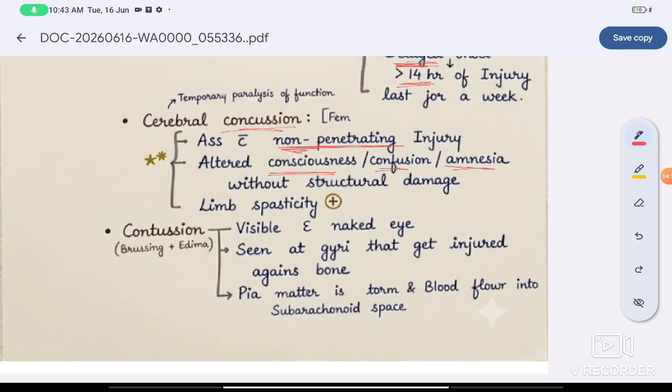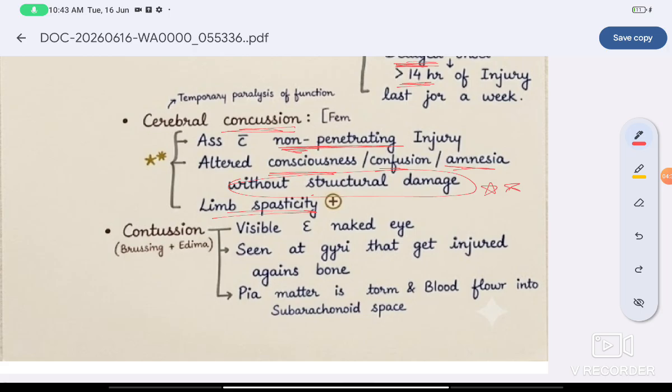Amnesia means you tend to forget things. These are of two types: anterograde and retrograde amnesia. In concussion, there is no structural damage. This is a very important point. There is no structural damage. Then there is limb spasticity, which means rigidity or stiffness of the limbs, that is the hands and legs.